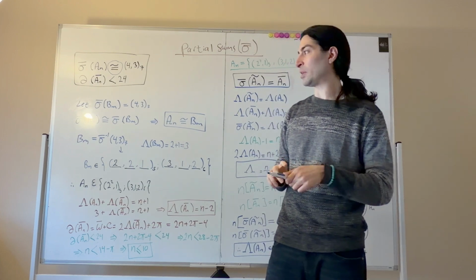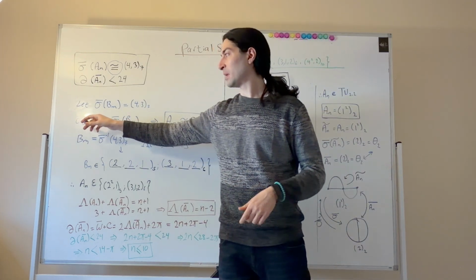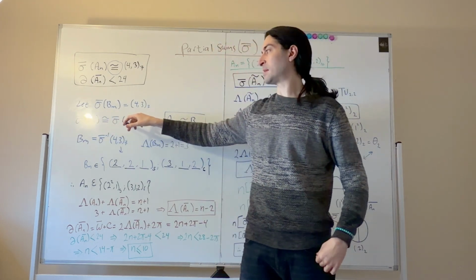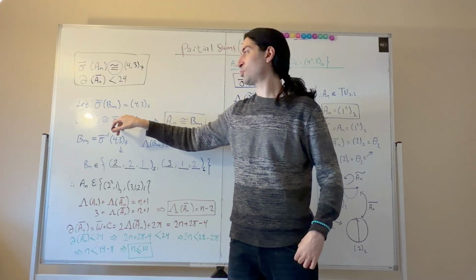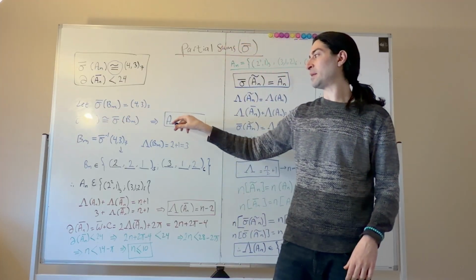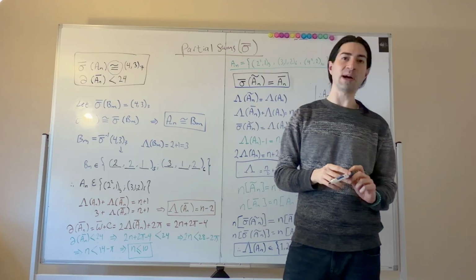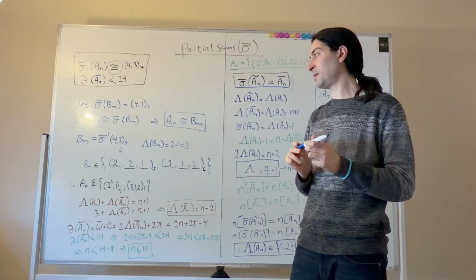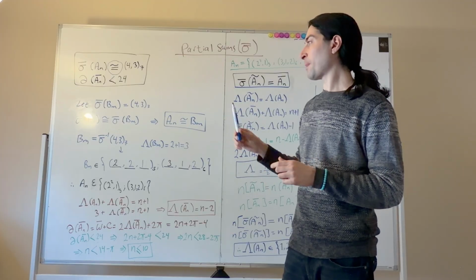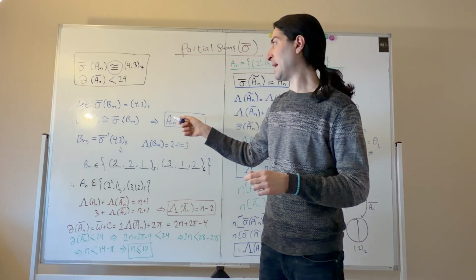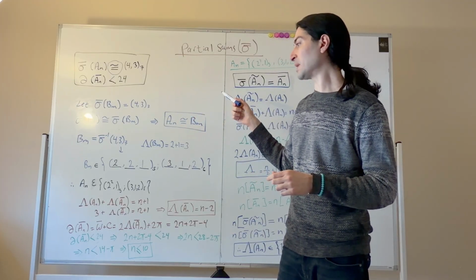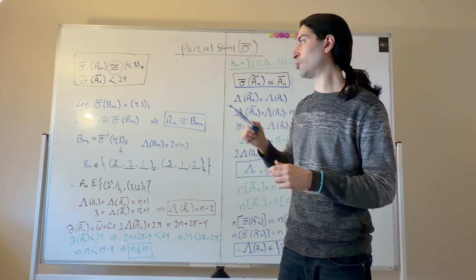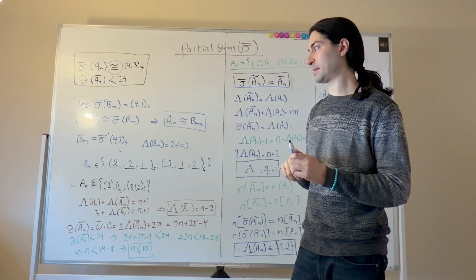And we saw earlier that if the two partial sums are isomorphic to one another, then the two structures are also isomorphic to each other. You can go back to the prior lesson. So therefore, we know that AN must be isomorphic to Bm in this case.